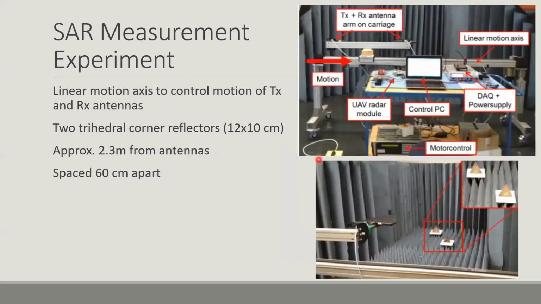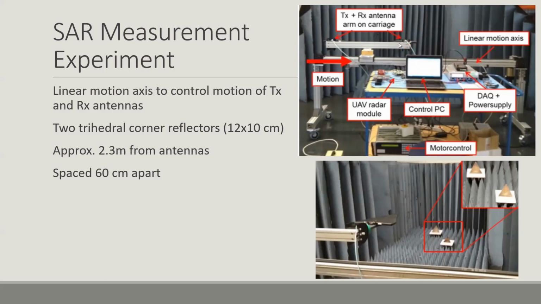So then we can move into a SAR measurement experiment. So this is where we're actually going to be moving our antennas. So if you've ever seen the setup in the MUMA radar labs next door with the big Motoman arms that hold the antenna and the microwave absorber chamber, the setup for this experiment is similar, except we have a linear motion axis right here that handles both the TX and the RX channels.